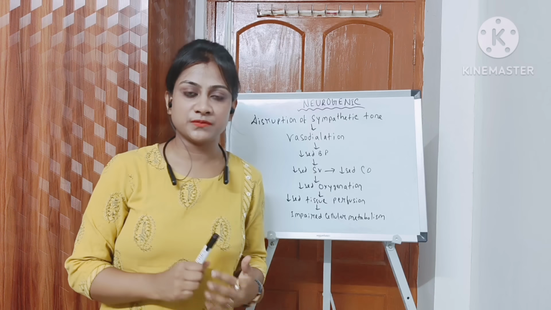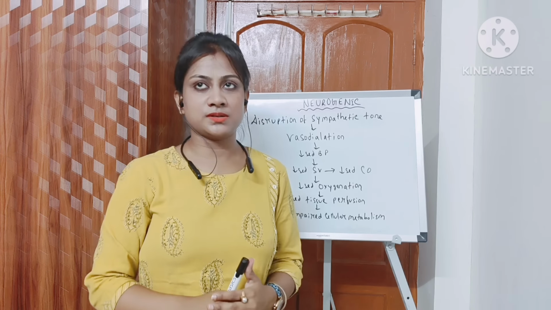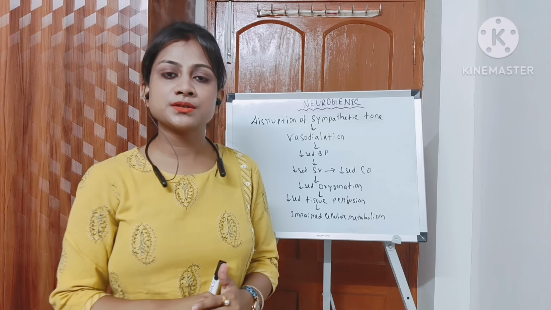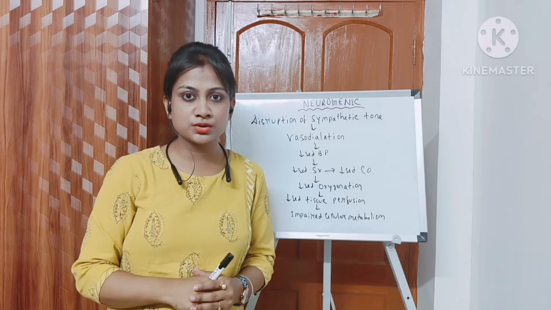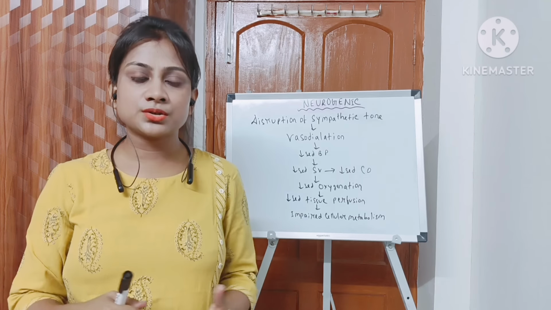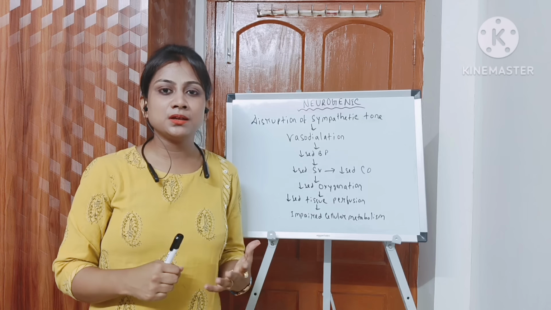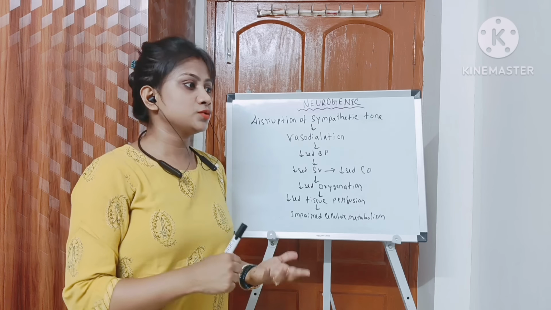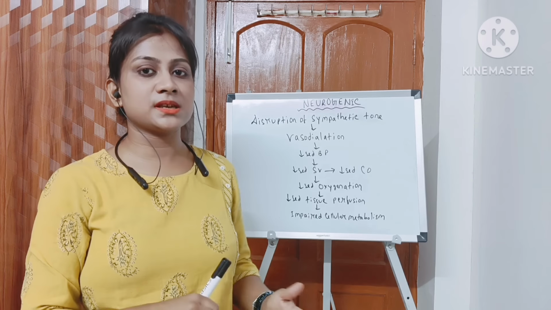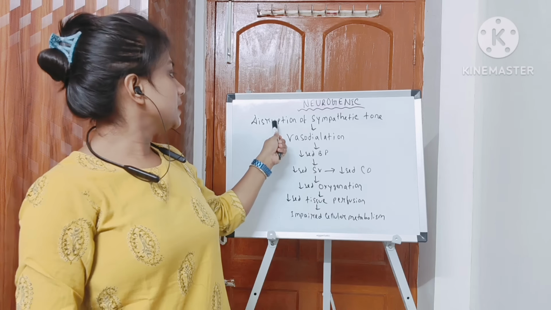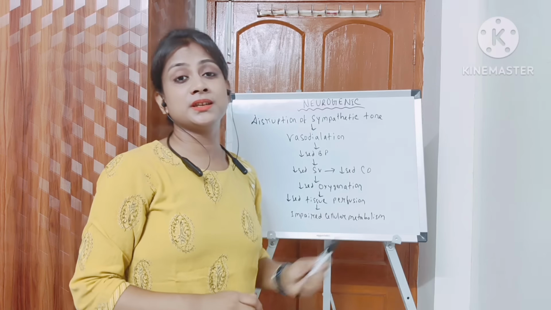Next is neurogenic shock. The name itself defines that it is due to neurogenic causes, like spinal anesthesia or severe spinal cord injury, cervical injury, or due to severe pain or usage of some drug, if it is having effects, there could be disruption of sympathetic tone.